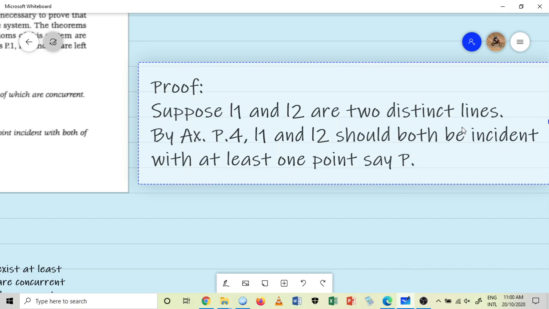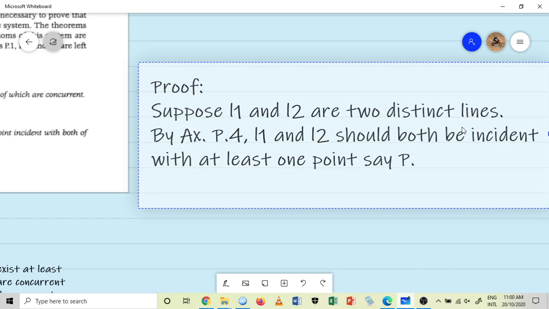So what only needs to be shown is that there can be no more than one point common to both L1 and L2. So there should be at least one, and at the same time at most one. So suppose there are two.